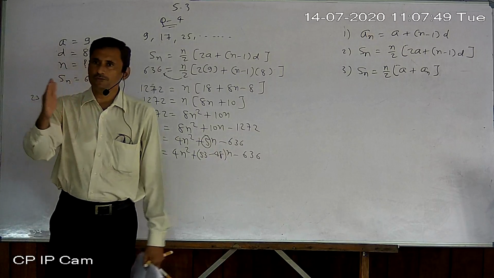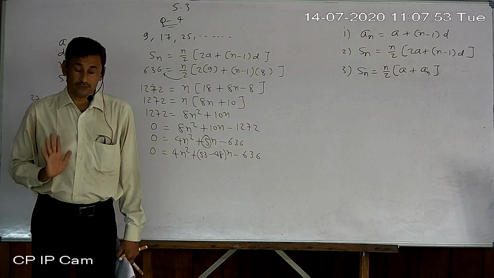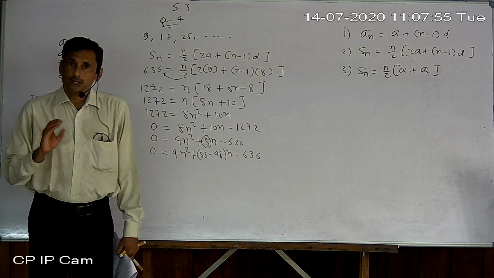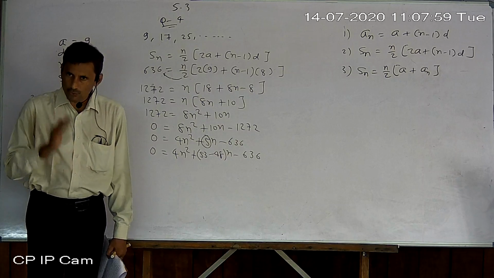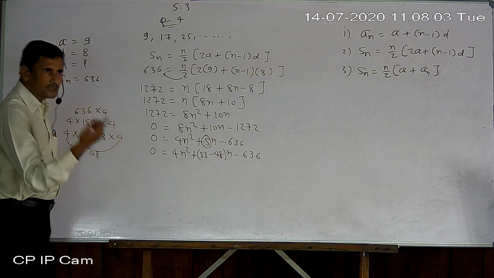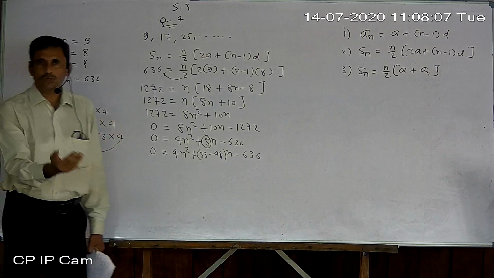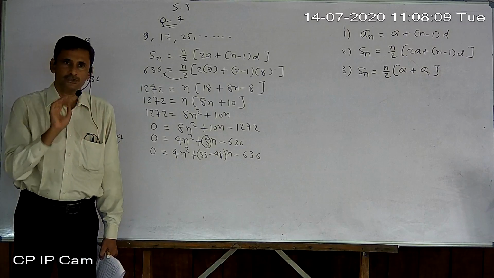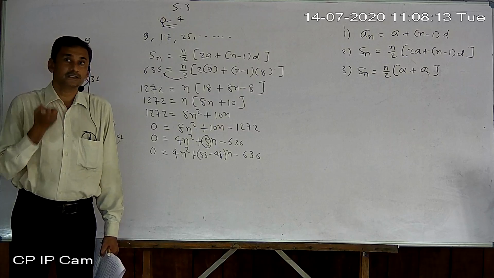One other option is also there: the quadratic formula method. You will learn it in chapter number 4. So far we have not studied it, but after studying that lesson you will have another option to use that method. But there is also one problem, regarding finding the square root.